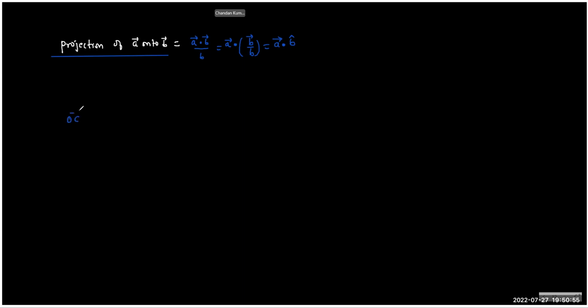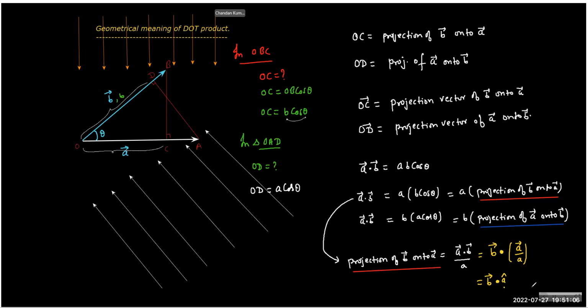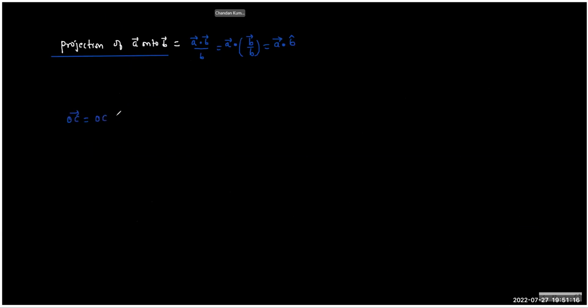So what is OC vector, guys? So can we write OC vector equals to OC into direction? And what is the direction of OC? Can you see here? Direction of OC is same as A vector. Yes, sir. So direction of OC is same as A vector. So we can write A cap. Simple enough.